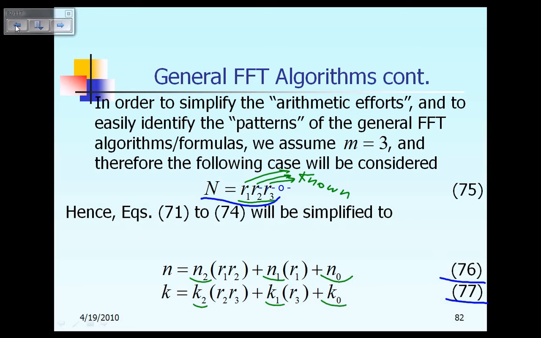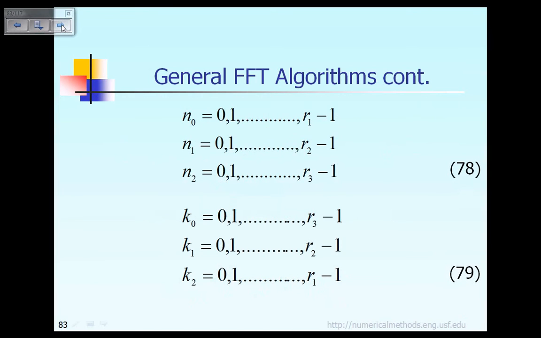The values for those parameters are given by equation 78 for N0, N1, N2, and equation 79 for K0, K1, K2. For example, the value of N0 will go from 0, 1, 2 up to R1 minus 1. Remember, R1 is known.